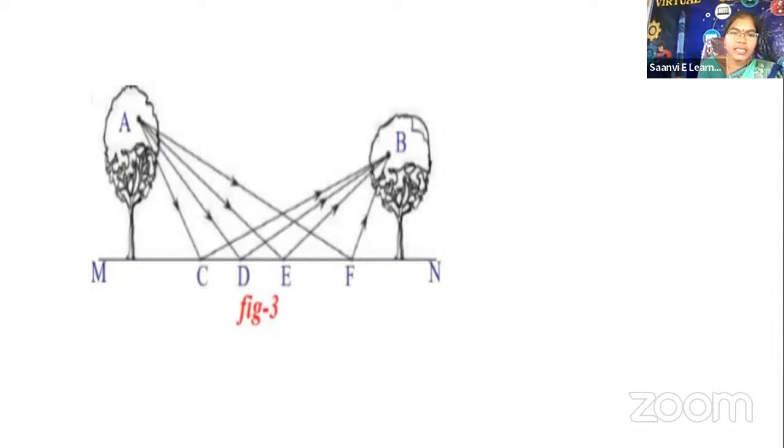Here we have AC, AD, AE and AF. Next CB, DB, EB, FB. And as it is, MN is a surface. Now in this, which lines are incident and which lines are reflections? Can anyone say?